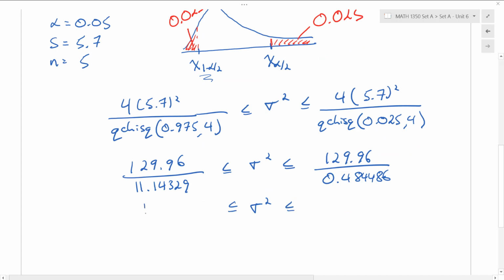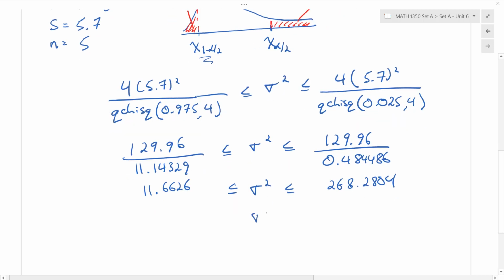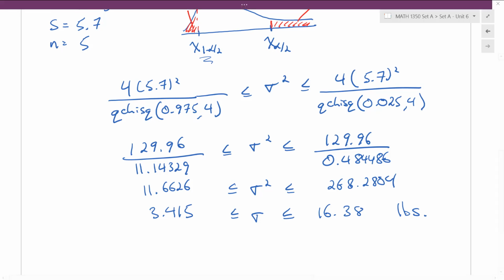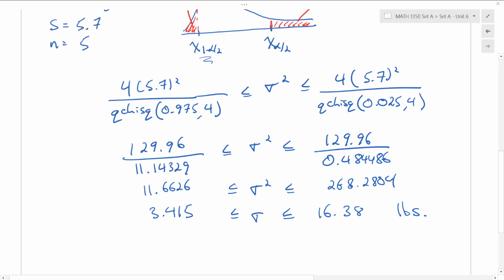So let's finish this off here, computing both sides. So this gives us our interval for the variance sigma squared. We want standard deviation, so let's take the square root of both sides to get 3.415 and 16.38. This is all in pounds, as was our original problem. So now we've constructed the desired confidence interval.